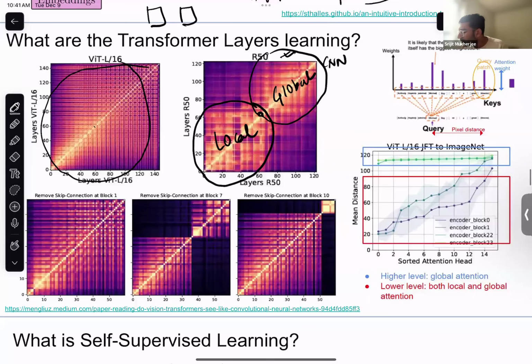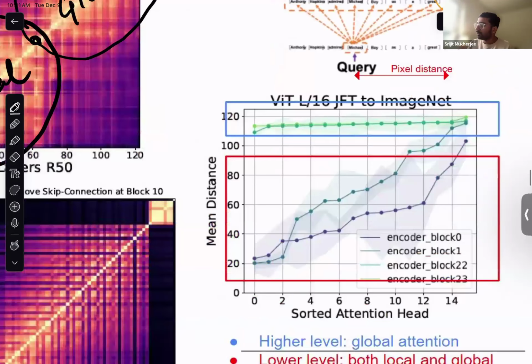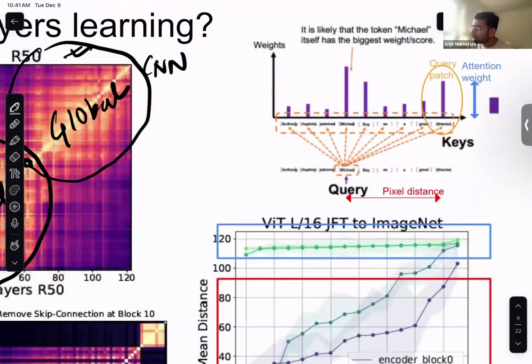So what they observed is the following. They observed the distance between the key and query that has the highest match. Naturally, every patch will have the maximum attention weight to itself.